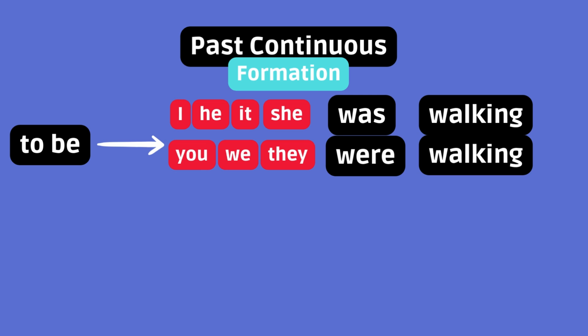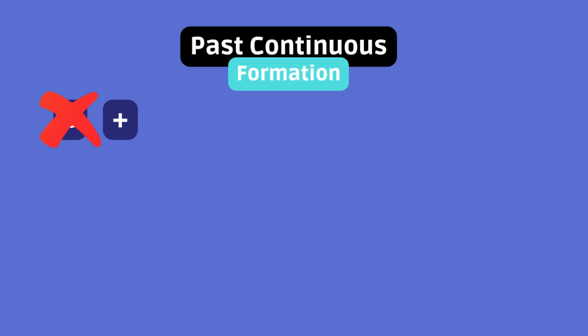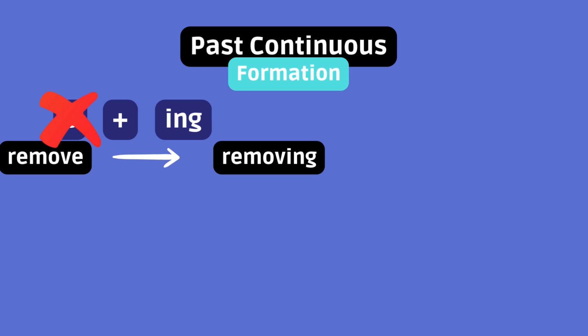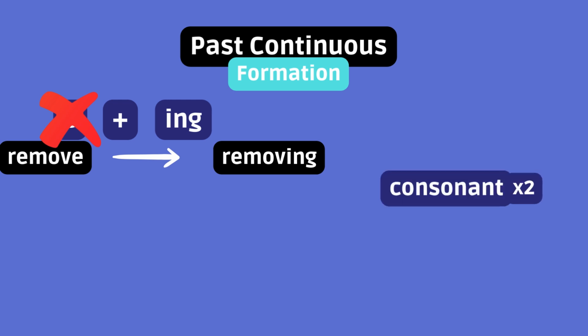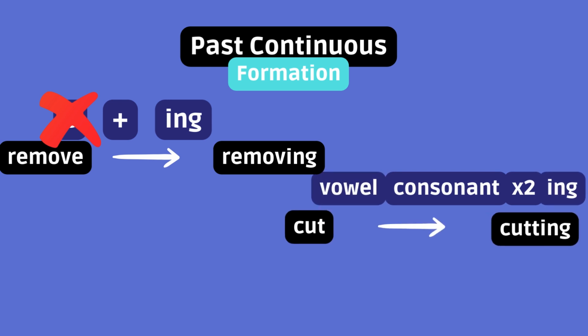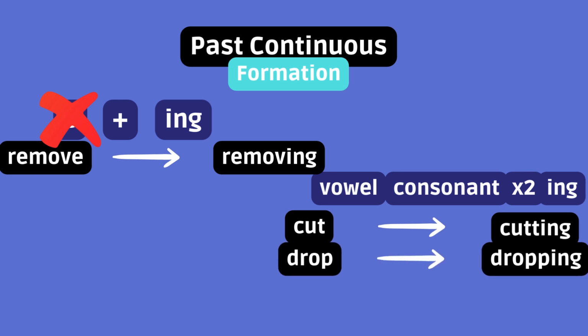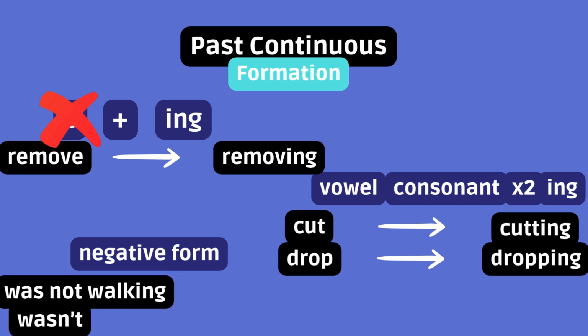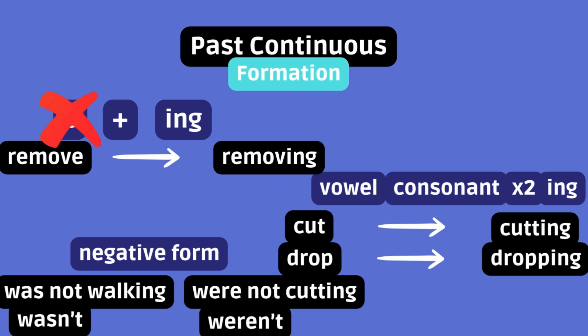Just remember to remove the final E before adding ing to the main verb. Remove, removing. And to double the final consonant of short verbs ending with a vowel and consonant. Cut, cutting, drop, dropping. The negative form is pretty straightforward. Add not between the two words. Was not walking, were not cutting.